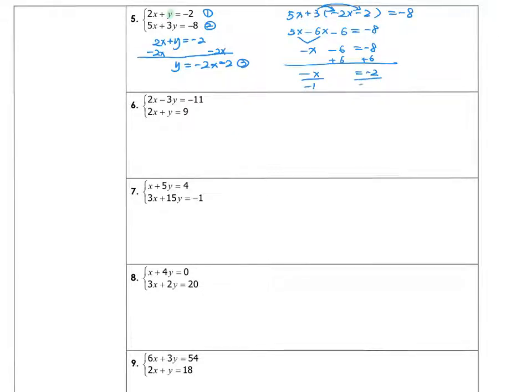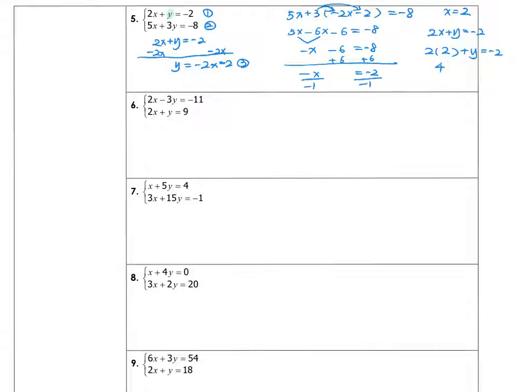And now if I divide by negative 1 on both sides, my x comes out to be 2. And now if I go to my easier, smaller number equation, the first equation, x is 2, so I plug in here. I'm solving for y because I don't know what y is.